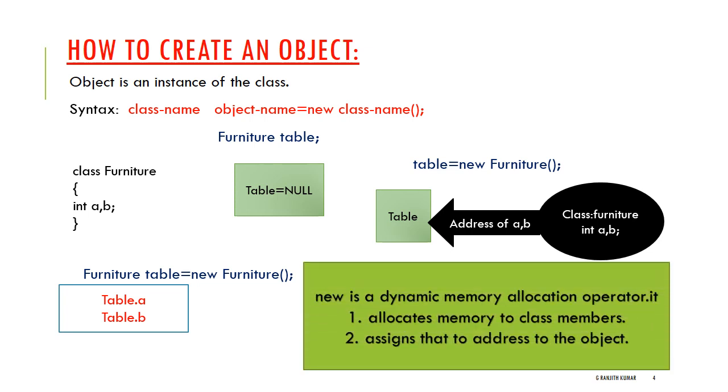This new is a dynamic memory allocation operator. It performs two operations: allocating sufficient memory for the class members, and assigning that to the object. Then the object points to the members of the class.